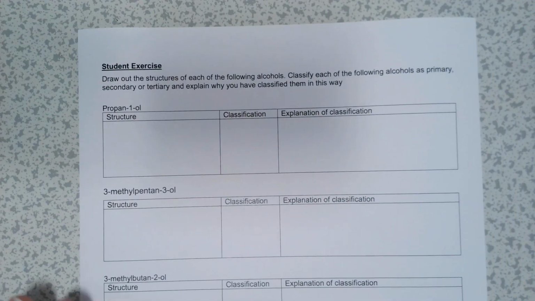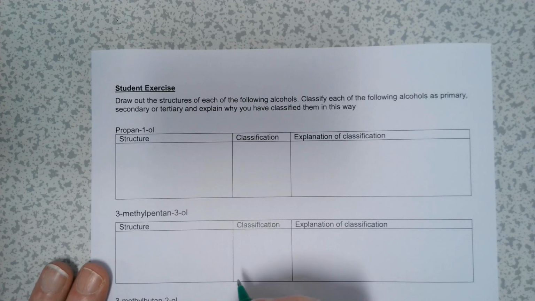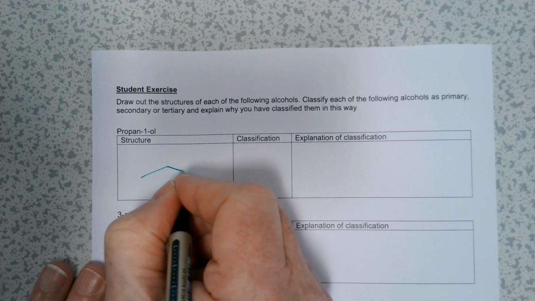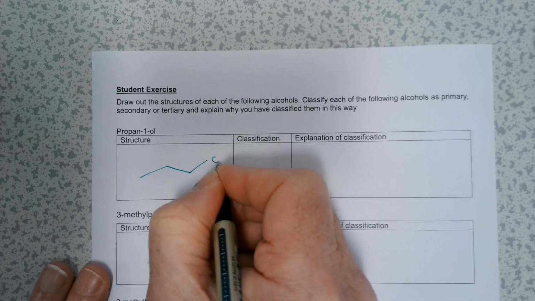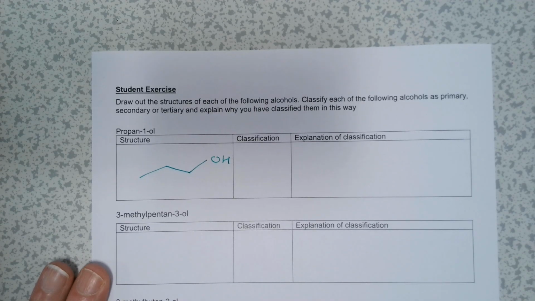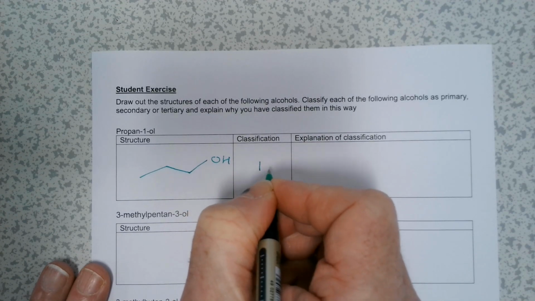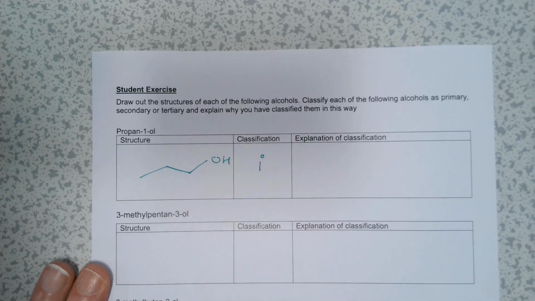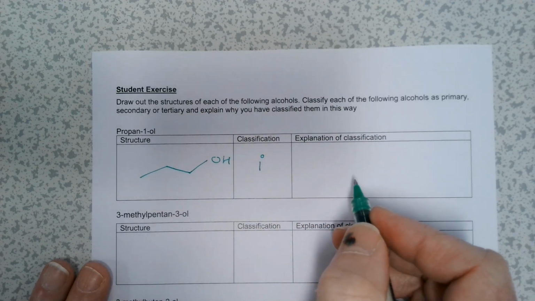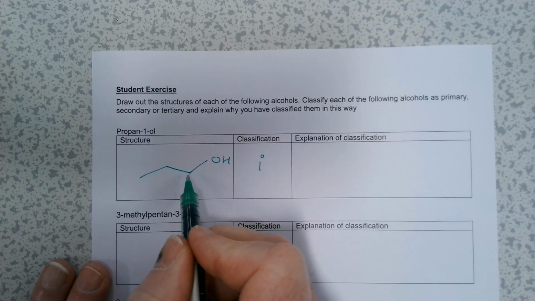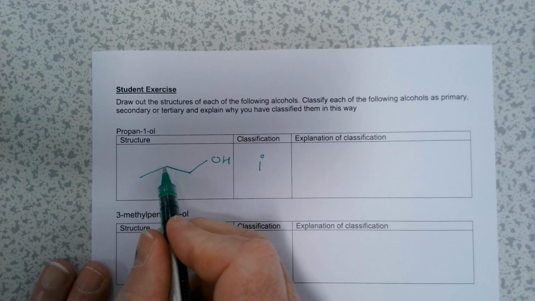So we have a student exercise. Propan-1-ol, as we've said, three carbons with the OH group attached. That's going to be primary. The OH group is attached to a carbon which is attached to one other carbon.